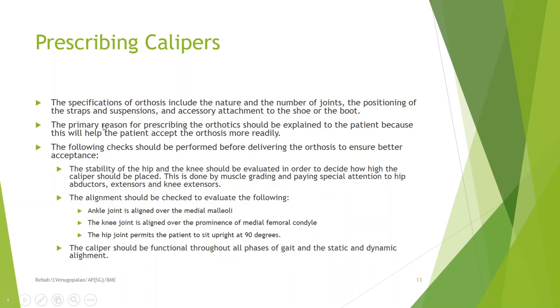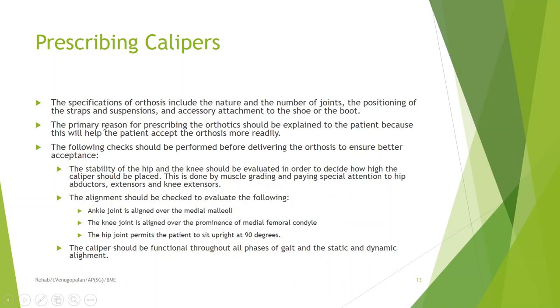So muscle grading should be done, and attention should be paid to the hip abductors, extensors, and the knee extensors, right? All these muscles should be specially taken into consideration, and you should grade these muscles. You've got guidelines to do so. You've got the MRC scale, which is the Medical Research Council scale for muscle grading.